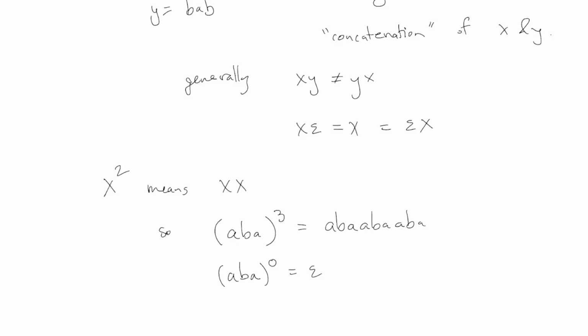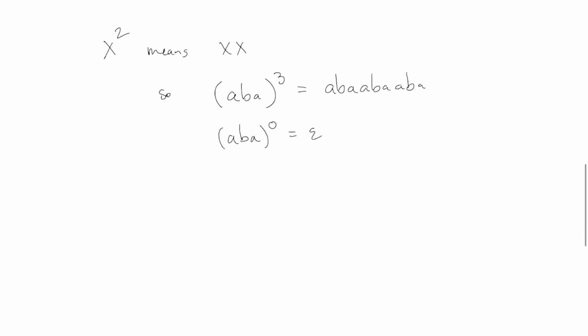And we don't talk about negative powers of a string, because that doesn't really make any sense. A negative power you might think is some kind of inverse or reciprocal of a string, which makes sense for numbers but not strings. So there is no such thing as, say, X to the -1 or anything like that.